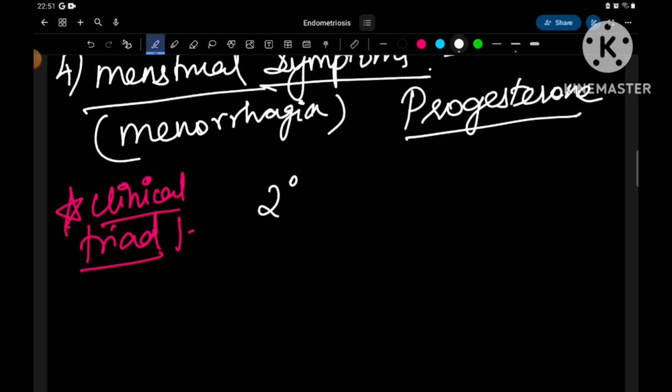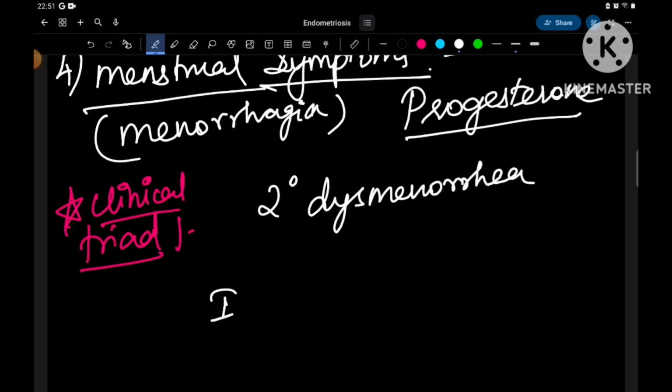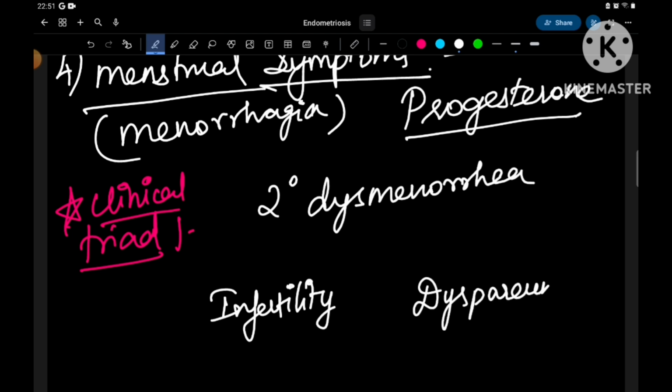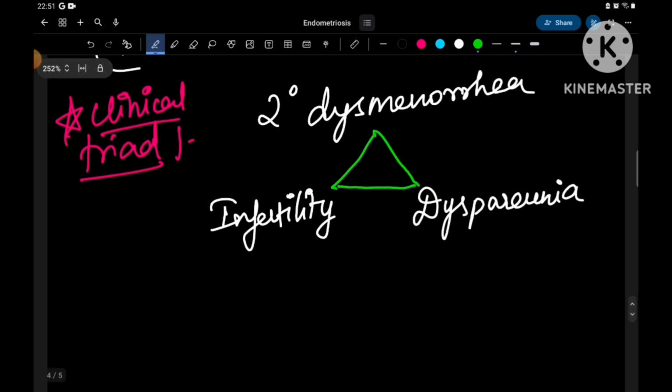What is it? It is secondary dysmenorrhea, infertility, and dyspareunia. That's pain during coitus.